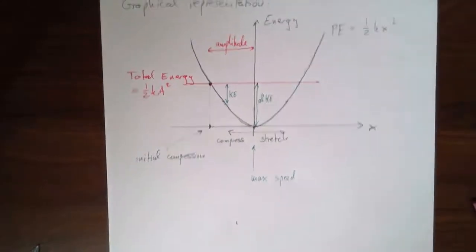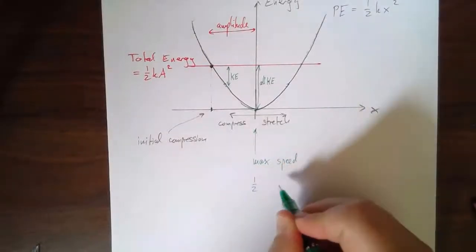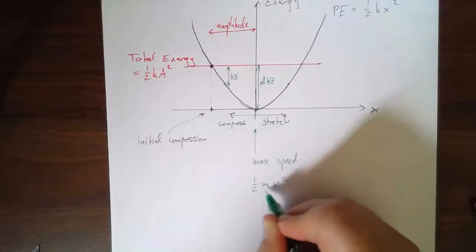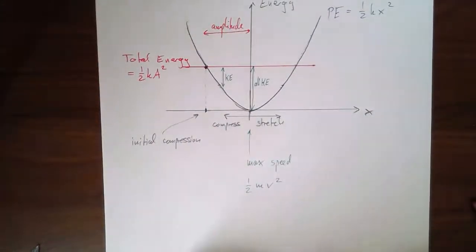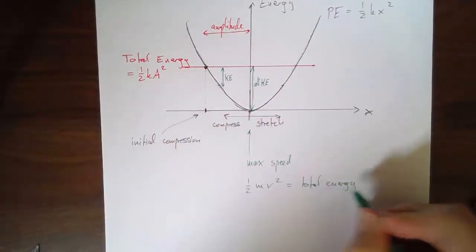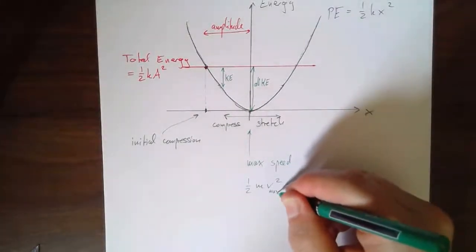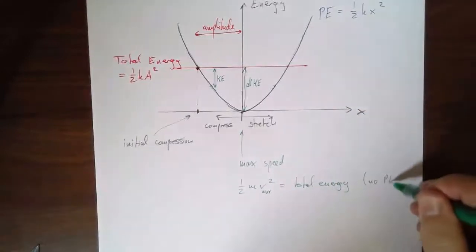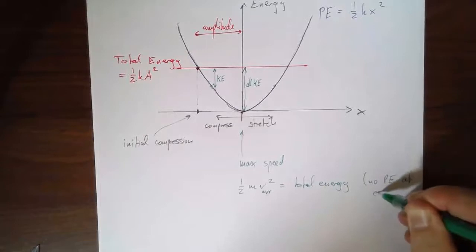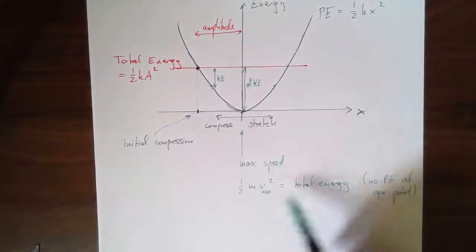So if I now want to find the maximum speed, I use the fact that 1/2 m v squared, m is of course the mass of that object at the end of the spring, is equal to the total energy, since no potential. So this is going to be v max, no PE at the equilibrium point, so all the energy is kinetic.